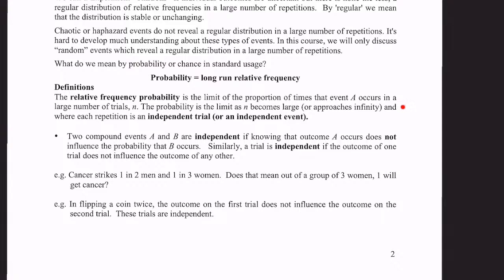And I have to specify that each repetition is independent. So flipping a coin is the classic case of independent events. From sequential flips, from flip to flip, each time I flip, the probabilities don't change, you see?